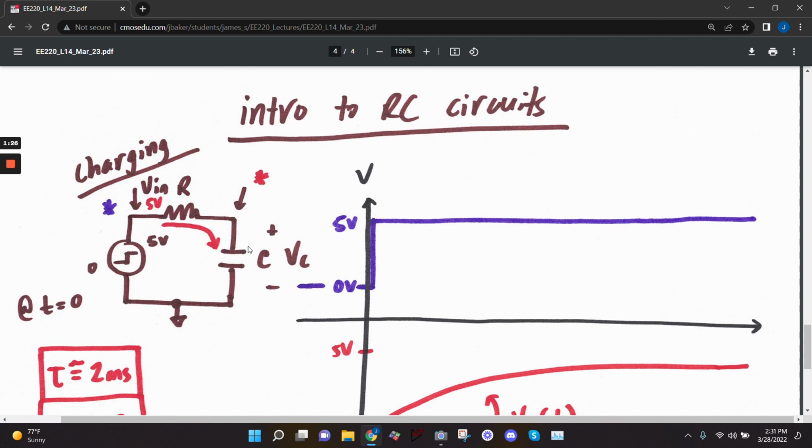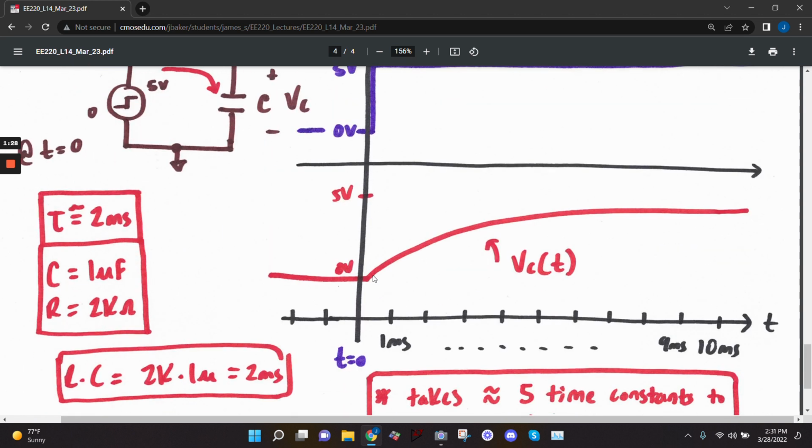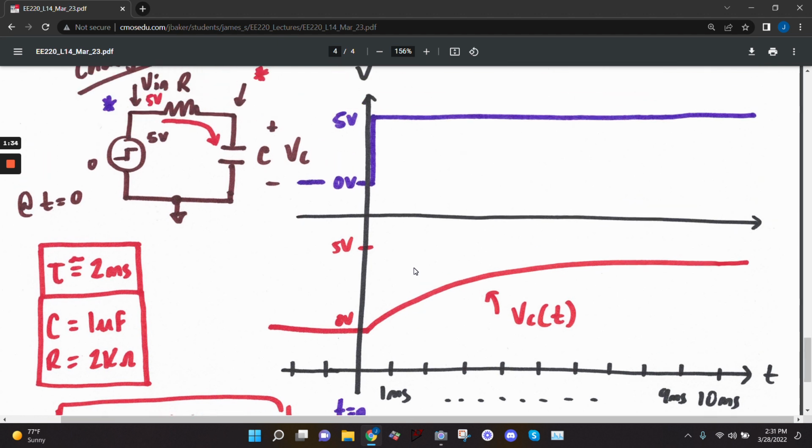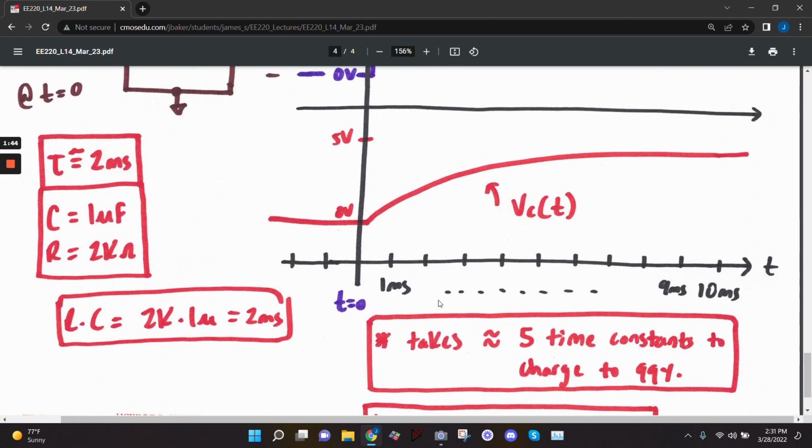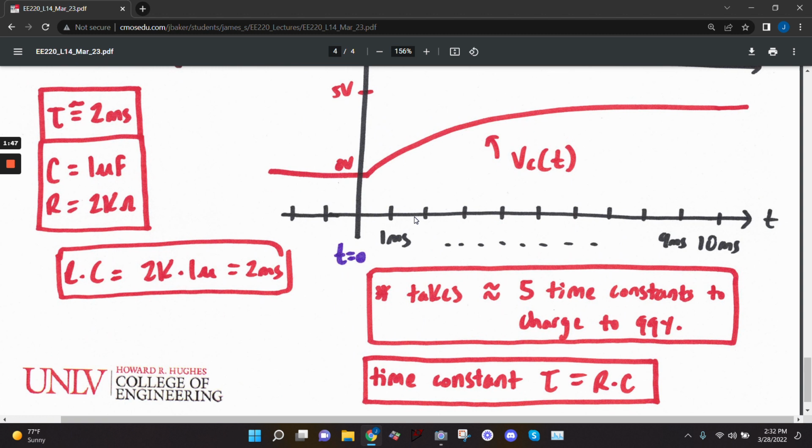In real life, capacitors charge and discharge based on this exponential equation, okay? And today I'm basically going to derive that equation for you guys, and then we'll do some examples. But first, I have to derive some other things before we get to this, although it's all related to stuff that you already know.